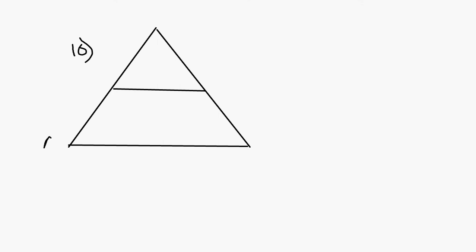All right, B is the midpoint of AC. D is the midpoint of CE. Solve for x given that BD is 3x plus 4 and AE is 5x plus 13.